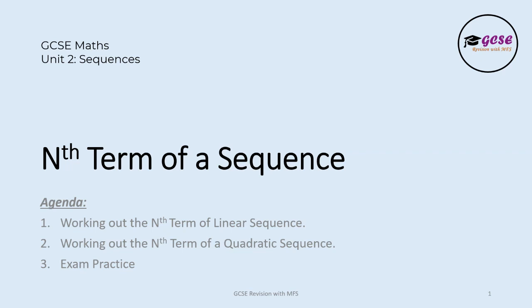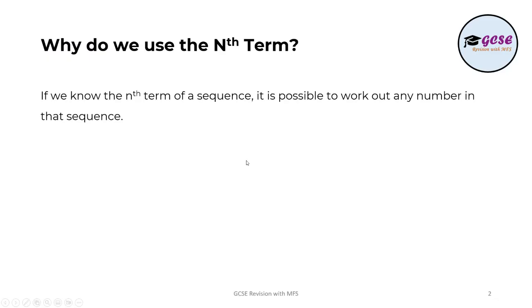Okay, so if we begin now, why do we use the nth term? First of all, if we know the nth term of a sequence, it is possible to work out any number in the sequence. So the nth term is just like a formula you use to get from one term to another.